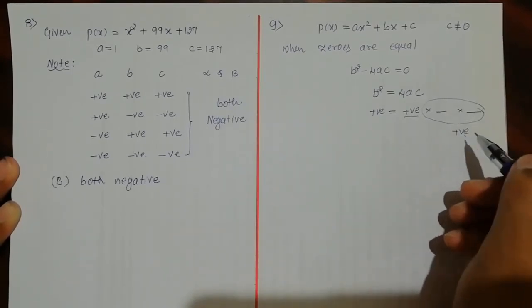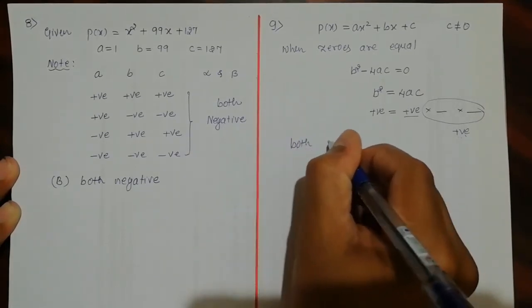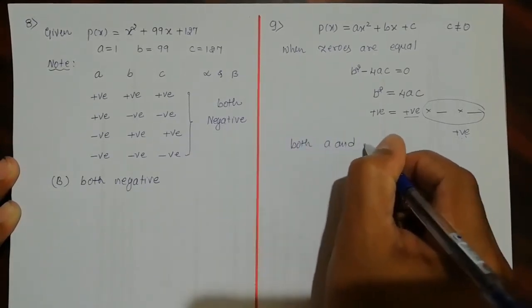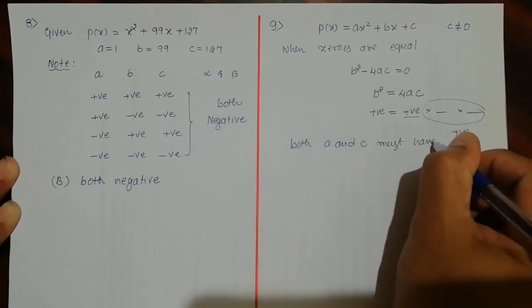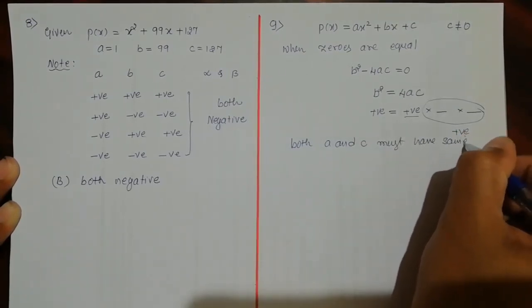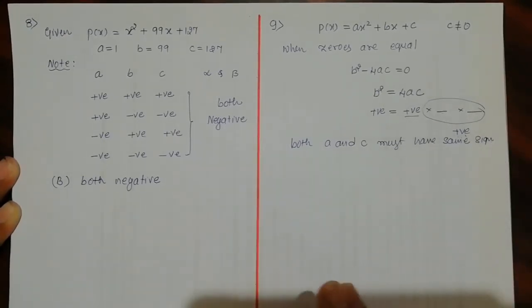So by this we can understand that both A and C must have the same sign, whatever it may be, plus or minus, both positive or both negative. These two answers are acceptable.